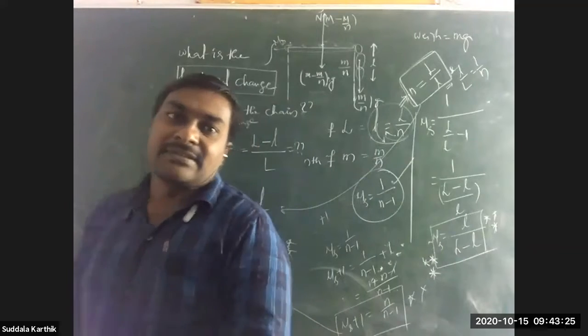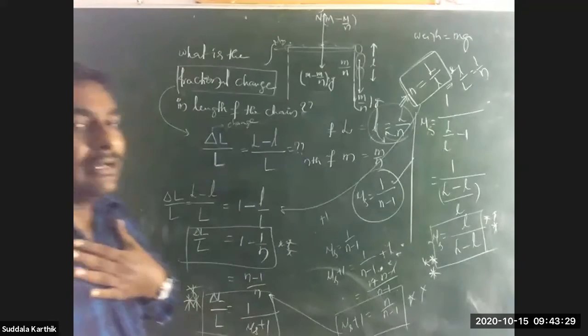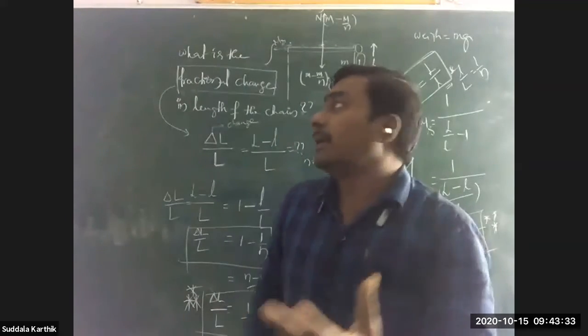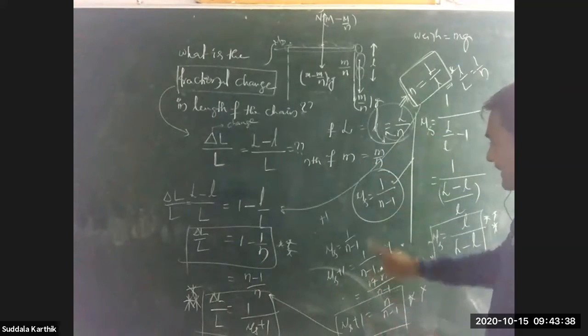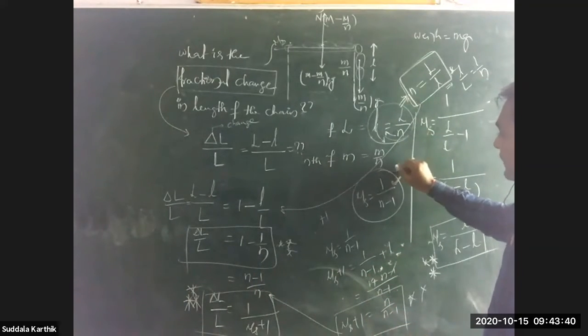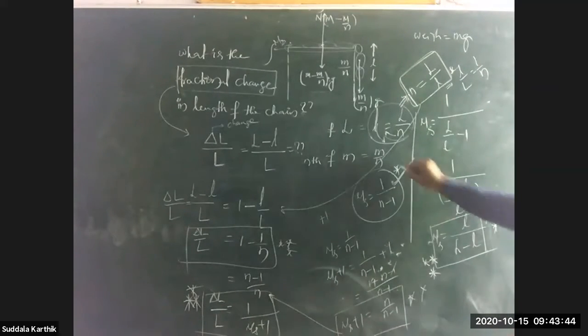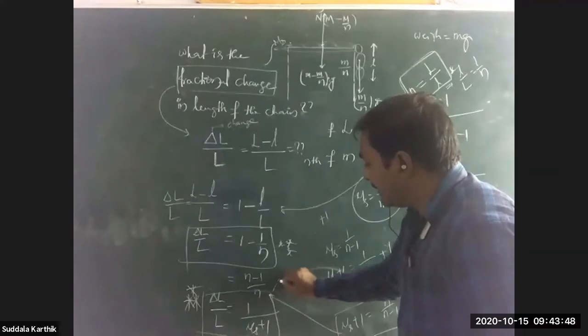Right? So from this chain concept, how many equations have we derived? One is mu s, this is the first equation. Another one is mu s, the second equation. And another one is delta L by L, the third equation.